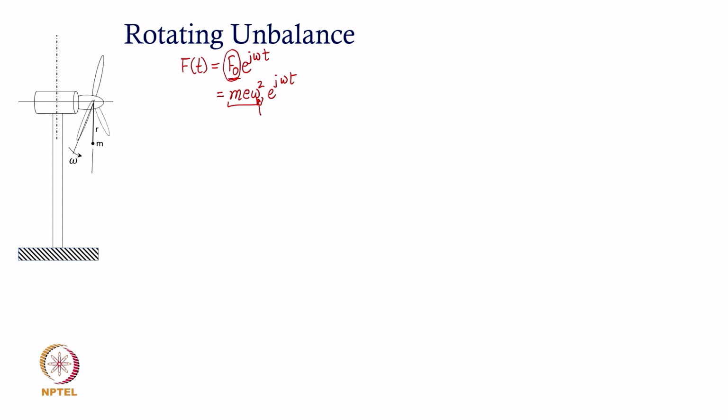So, obviously, if this is the case, then you go by the same process as we have followed all the time, except that on the right hand side the excitation force is now going to be explicitly written as m e omega square. Usually I prefer writing this as U omega square e to the power j omega t, where U is the unbalance, and in practice people refer to unbalance as U, which is the product of the unbalanced mass times the eccentricity at which the unbalanced mass is located.